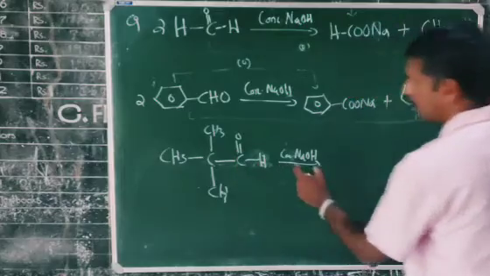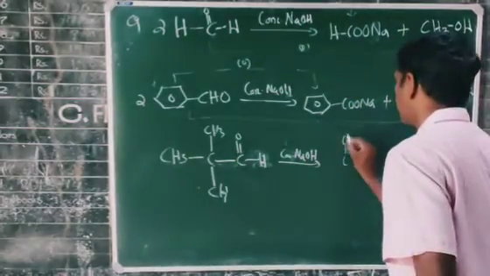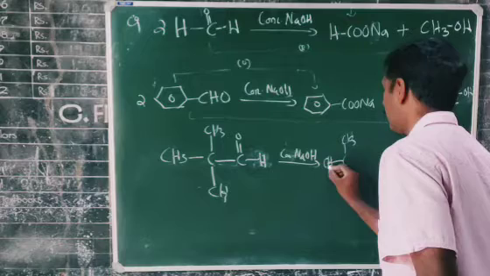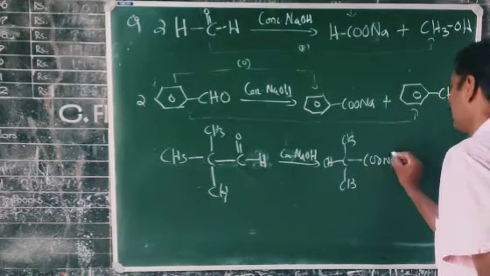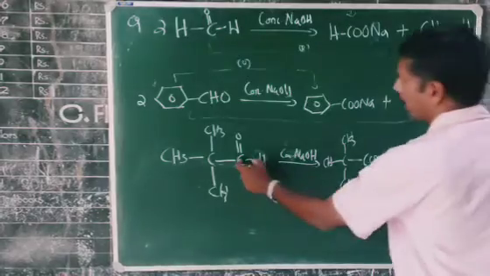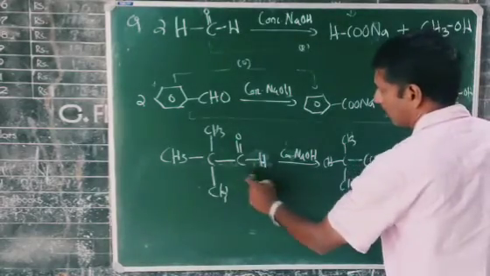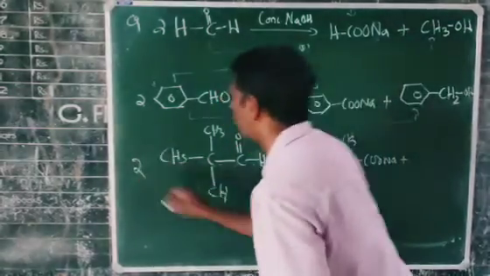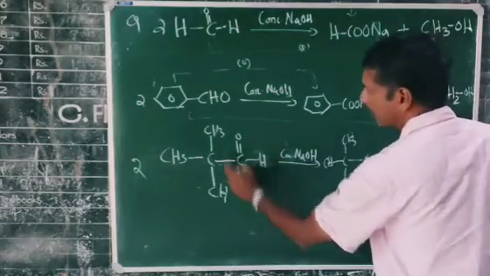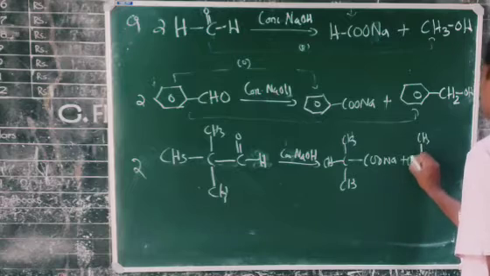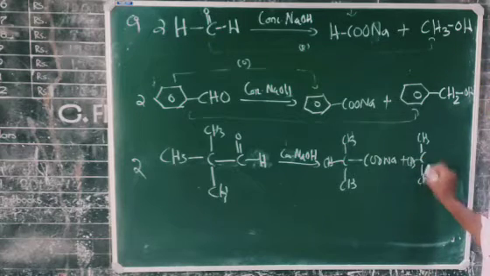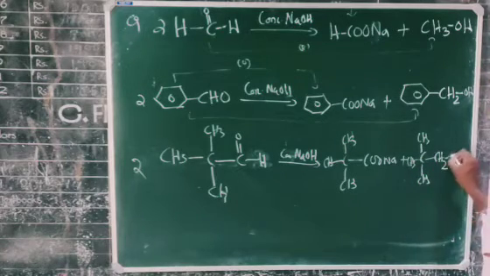The CHO group will be changed to COONa, so you get (CH3)3C-COO minus Na plus. Plus one molecule will undergo reduction. Of course, you need two molecules. So the CHO group will be converted to CH2OH, giving (CH3)3C-CH2OH.